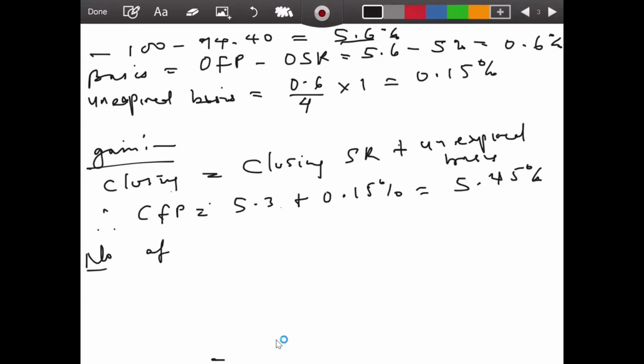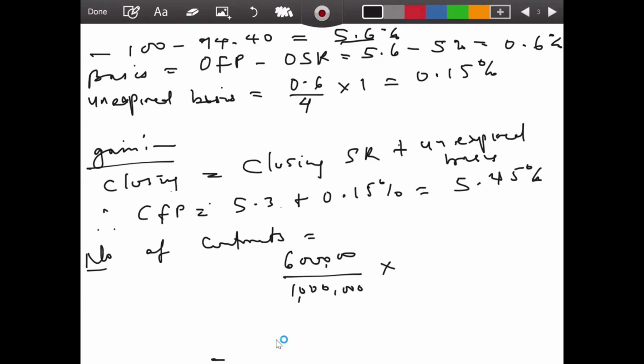Number of contracts. Hedged amount is 6 million. Contract size is 1 million. So number of contracts will be equal to 6 million, which is the loan amount, all over 1 million, which is the contract size, times the loan tenor.